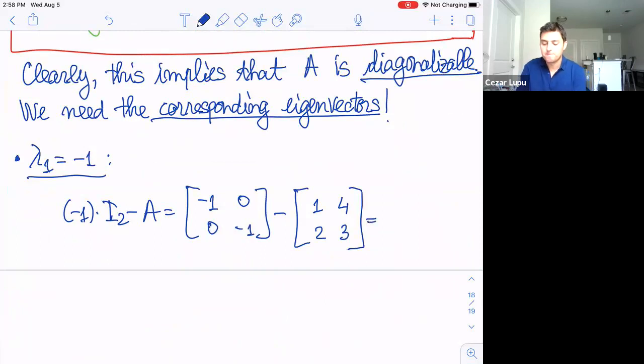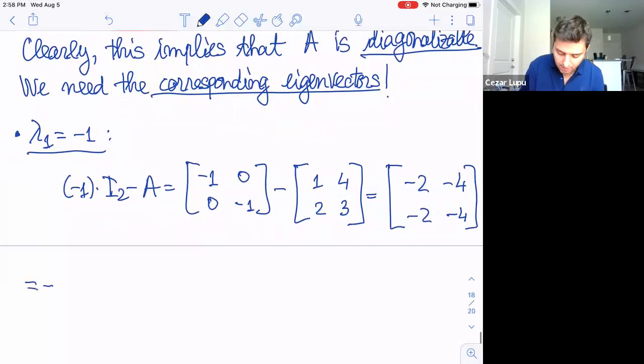And this will be the matrix -2, -4, -2, and -4. Okay, that's great. So in other words, this will be nothing else than just the negative times 2, 4, 2, 4. Wow, look at this matrix.